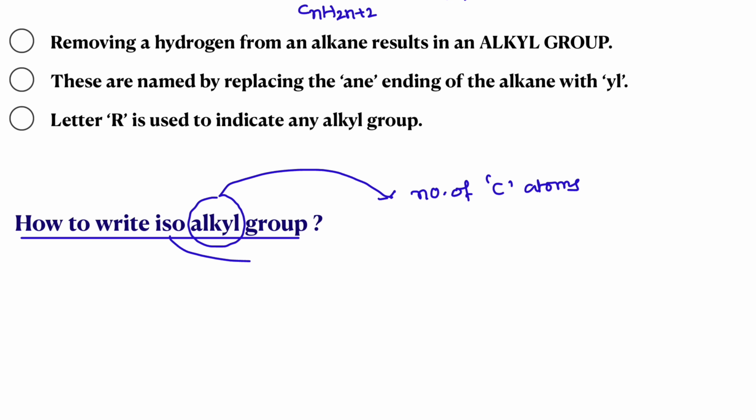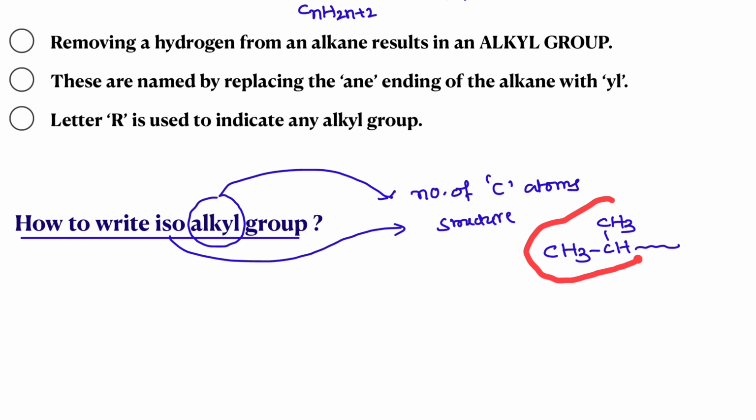And this part is based on its structure. In all isoalkyl groups, you have to have this particular structure. The last but one carbon has to have one methyl substituent like this. Whenever you have this kind of structure, that is called an isoalkyl group.